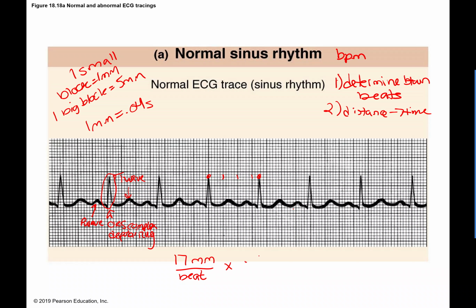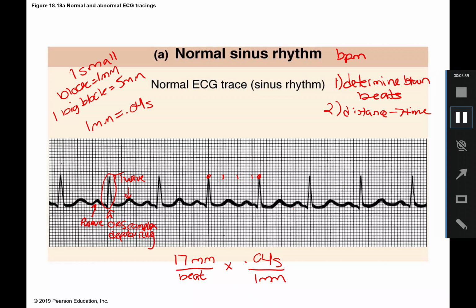So I know 0.04 seconds for 1 millimeter. I again do a little dimensional analysis, a little math, and that gets me to 0.68 seconds per beat.